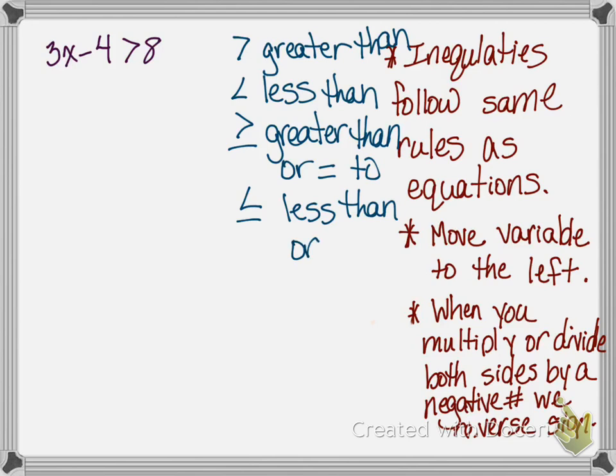Most students remember those groups of signs. Having a sign, whether it's greater than, less than, greater than or equal to, or less than or equal to, is what makes it an inequality.